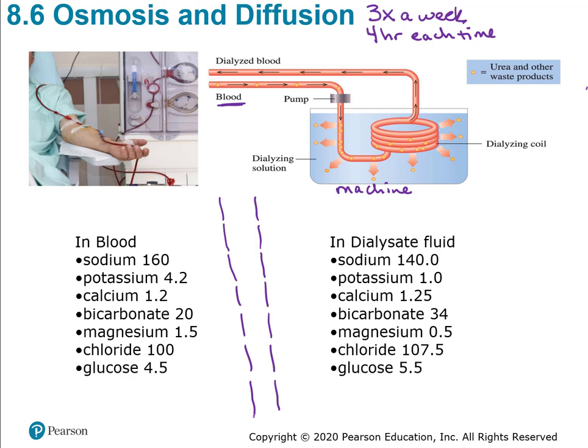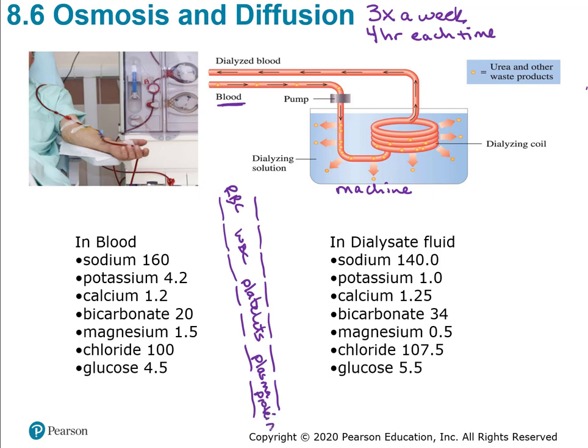The red blood cells, white blood cells, platelets, and even the plasma proteins I was telling you about, which make a colloid, are too big. They don't come out. They all stay in this tube.